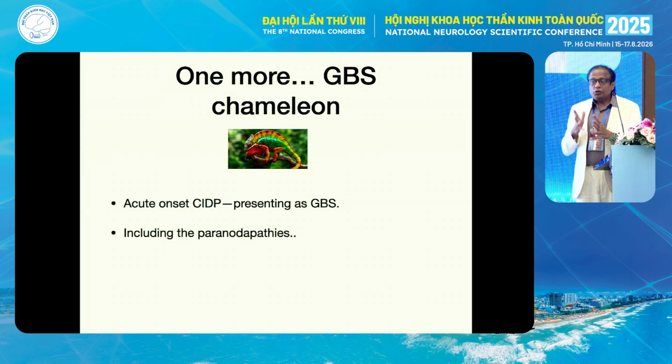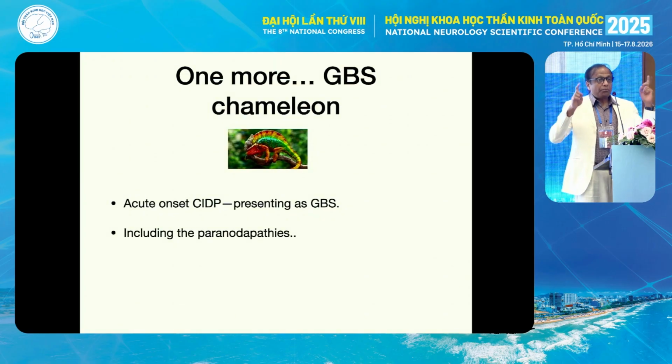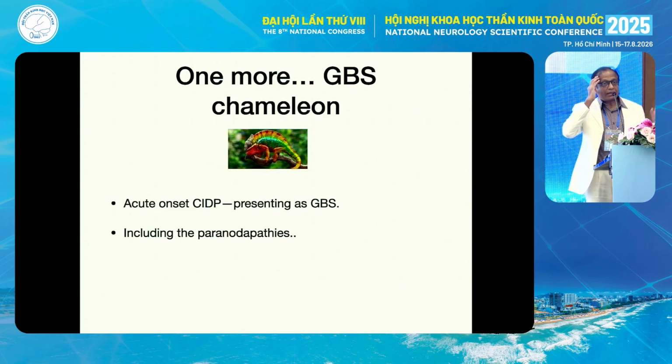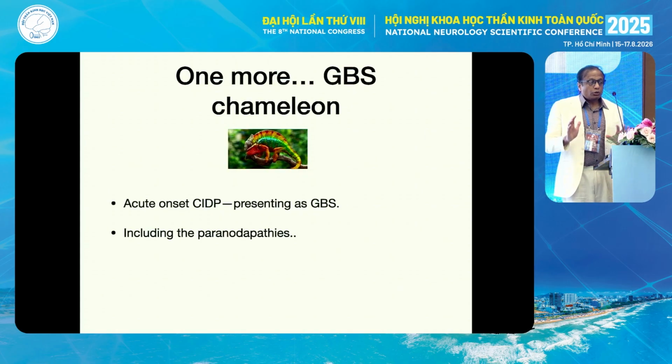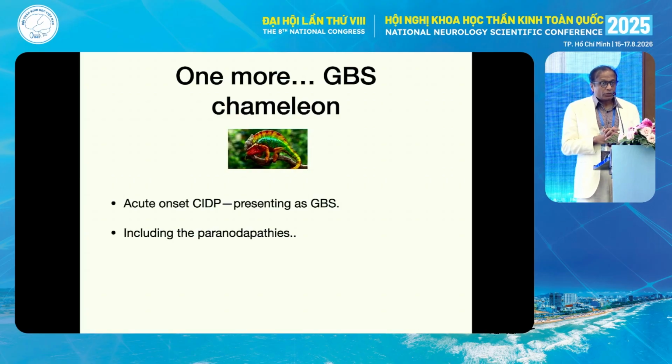But in a few cases, I got the diagnosis wrong because these patients had predominantly axonal features. Now, we know that CIDP is a demyelinating disease. So when we see an axonal GBS, normally we don't have to think about acute onset CIDP, correct?